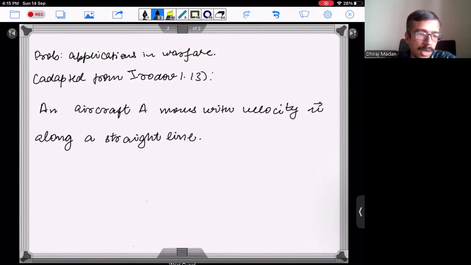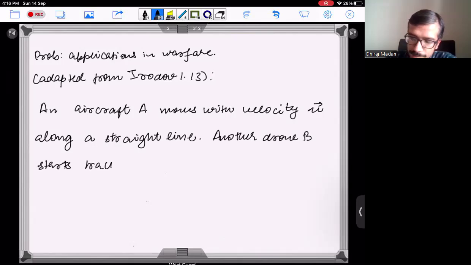And another drone, B, starts tracking the aircraft.